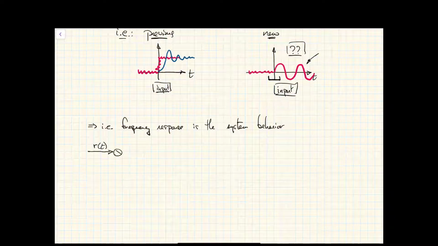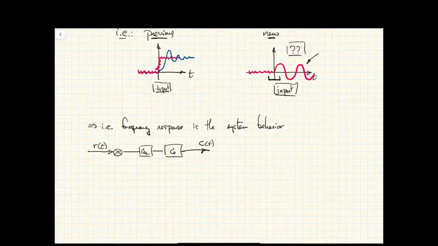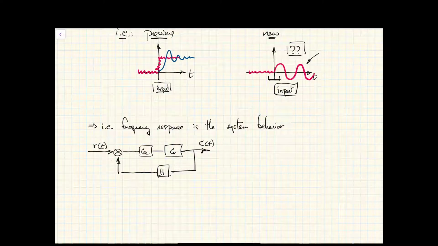I got my input, which, as we said, now is different than it was before. I'm going to have my controller G sub C, I'm going to have my plant G, output is C of t. Here's my sensor, and my feedback loop, minus plus.